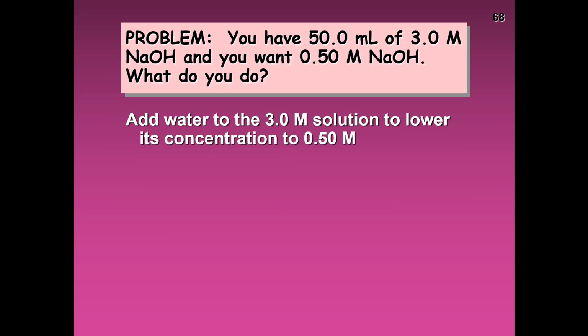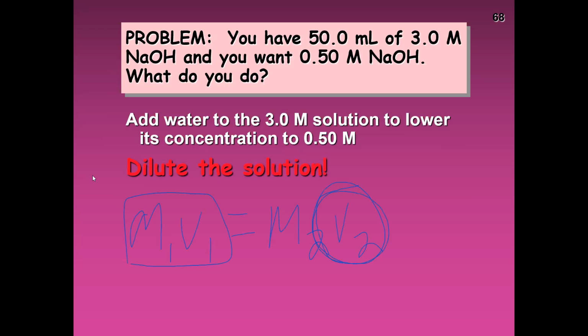Obviously you're diluting it, and the formula is M1 V1 equals M2 V2. In this case, you have M1 but you do not have V2, which is what you're solving for.